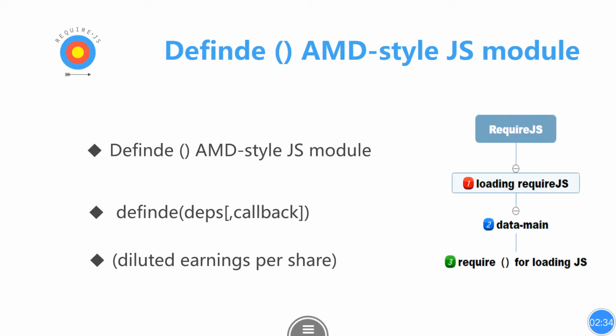The author of require.js built the AMD style. AMD style is also used by some other languages and JavaScript tools. So you need to study it a little, because in this lesson we need to use it. The AMD style only has one method, define, only this one.